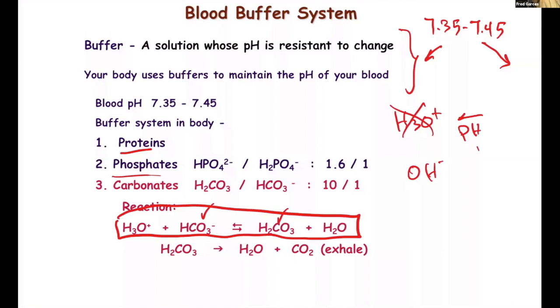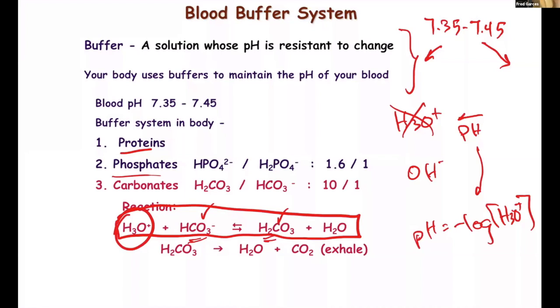Remember, pH is equal to the negative log of the hydronium ion concentration. pH is not equal to the bicarbonate concentration. It's not equal to the carbonic acid concentration. It's equal to the hydronium ion concentration. So you gotta have a chemical that removes the hydronium or the hydroxide, they're related by the water, in order for that pH not to change. And that's what buffers do, okay?